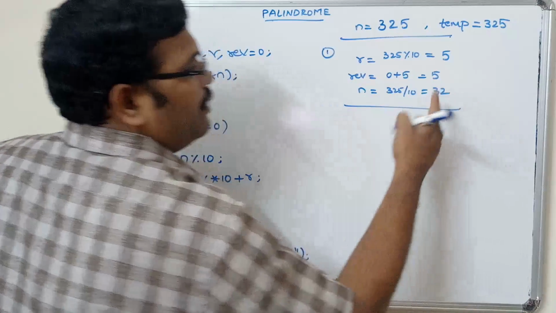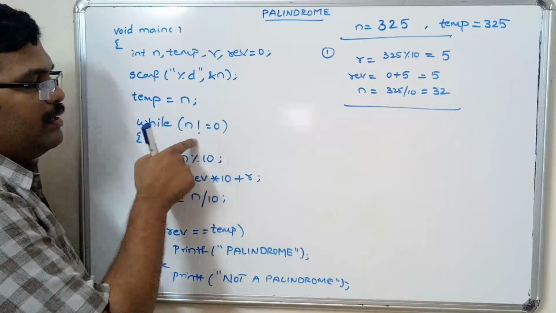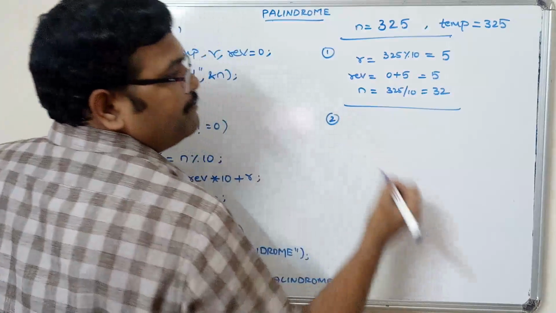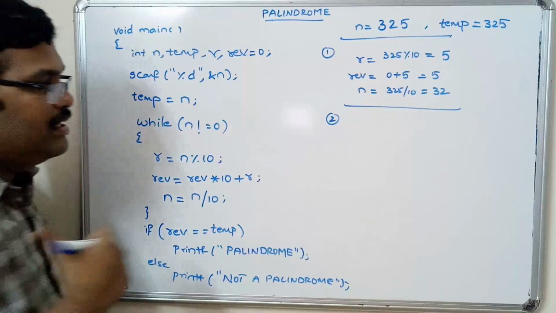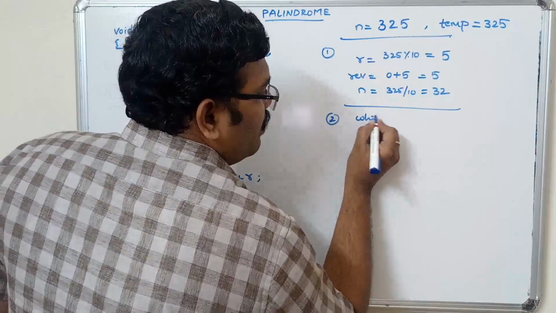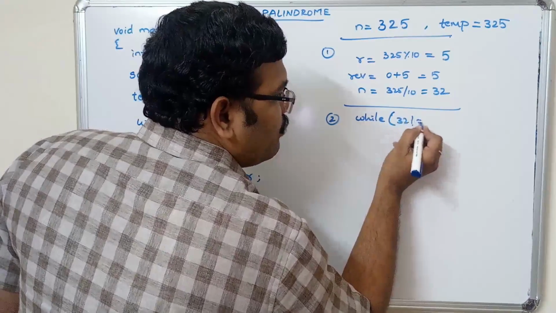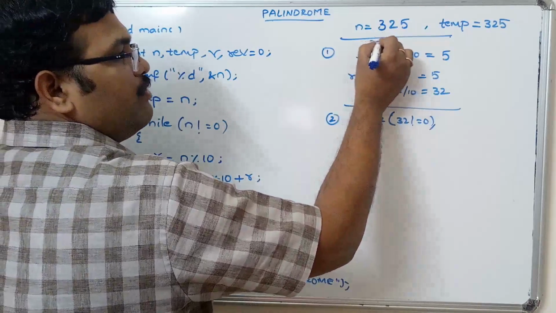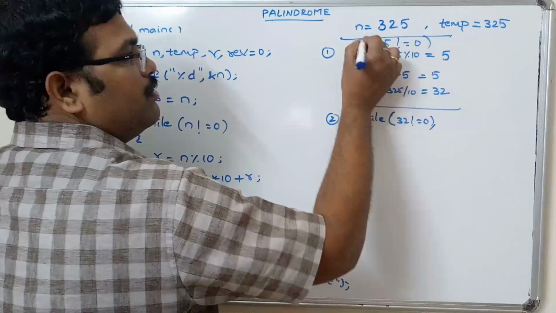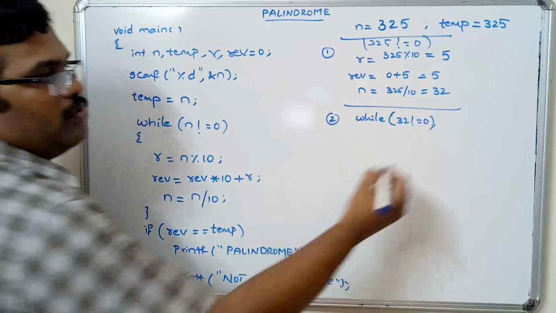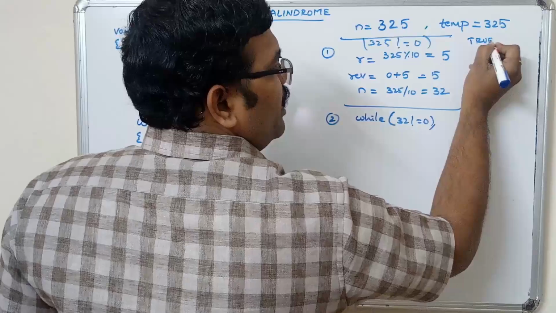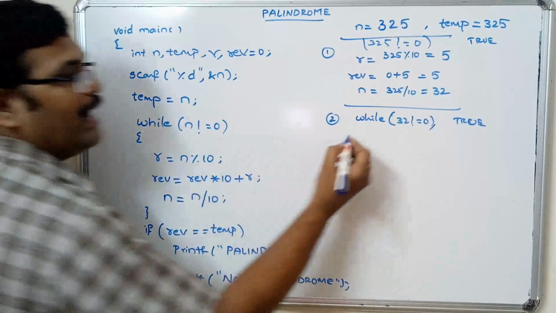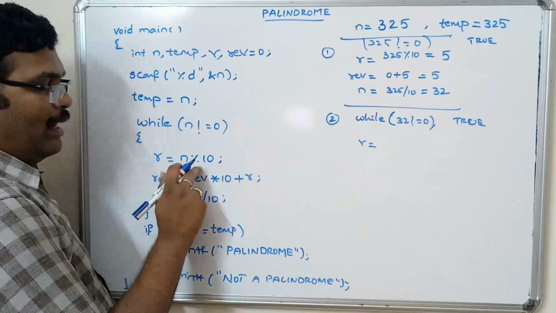Now again 32 will be compared with the condition, 32 not equal to 0. So true. So for the second iteration, while 32 not equal to 0, the condition is true, so the control will enter into the loop. Now r is equal to n mod 10.